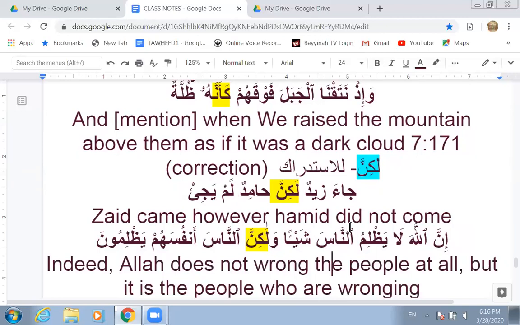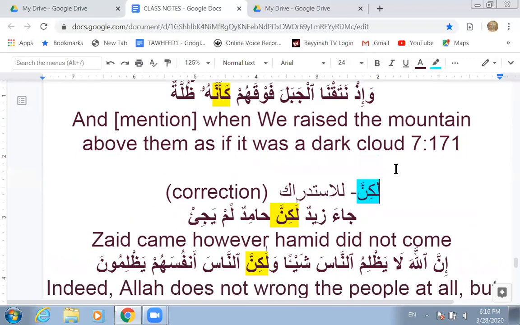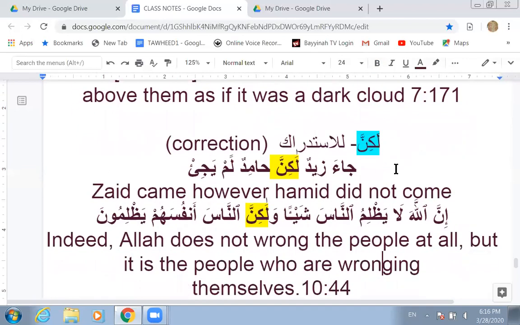The next one we have is Lakinna. Lakinna is used for istidrak, for correction. When something is assumed, and to clarify or correct that assumption, we use this harf lakinna. Ja'a Zaidun lakinna Hamidan lam yaji. Someone assumed that the two boys, Zaid and Hamid, will come together. If someone says Ja'a Zaidun, the other person will think that Hamid has come along with him.